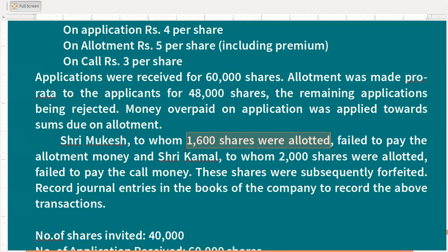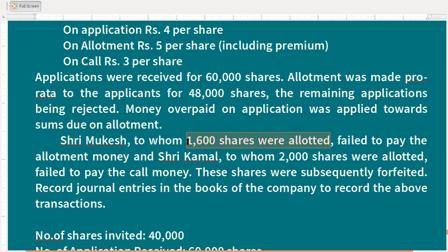Are you able to understand? Here in this question it is provided that 1,600 shares were allotted to Mukesh, based on pro rata allotment. After pro rata allotment he is getting 1,600 shares, so we have to find out how many shares he applied, isn't it?